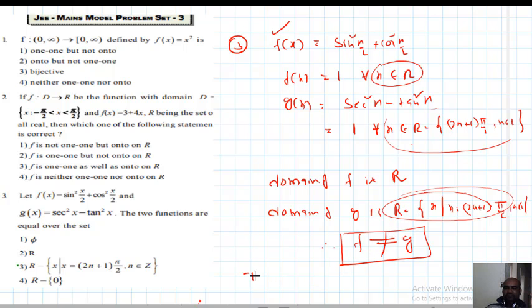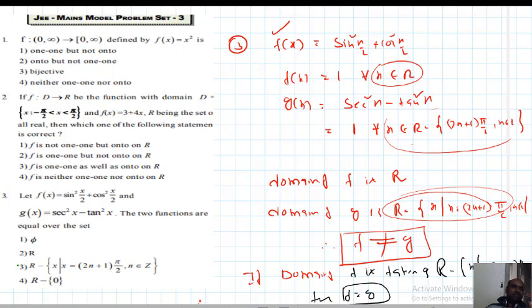Okay, if the domain of f is taken as R minus the x such that x equals (2n plus 1) into pi by 2, where n belongs to Z, then f equal to g. In this condition only the two functions are equal.